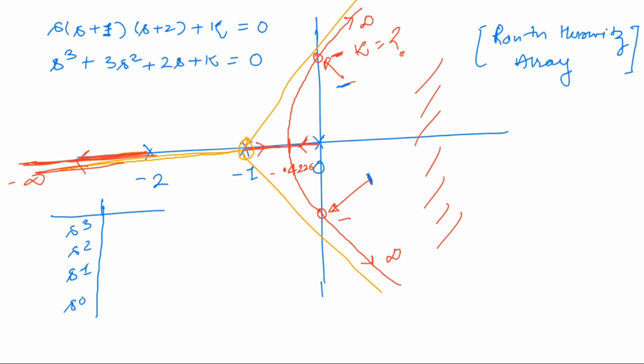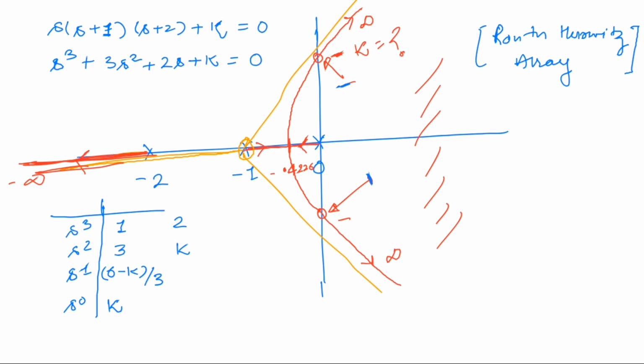The first entries will be 1 and 2. The other entries will be 3 and k. This entry will be (6 minus k) divided by 3, and this will be k.